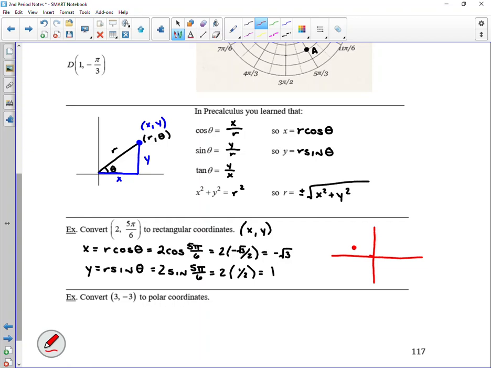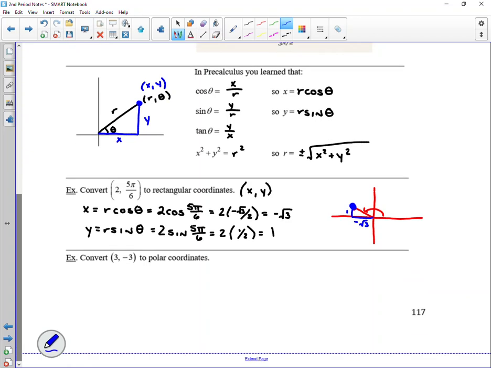So our thing is out 2, and then we have an angle of 5 pi over 6. But in rectangular, basically what we did was we found that x was negative root 3 and y was 1, and that's the same exact point, but in rectangular coordinates instead of polar coordinates. Okay? Are you with me? Cool. Let's do this one.